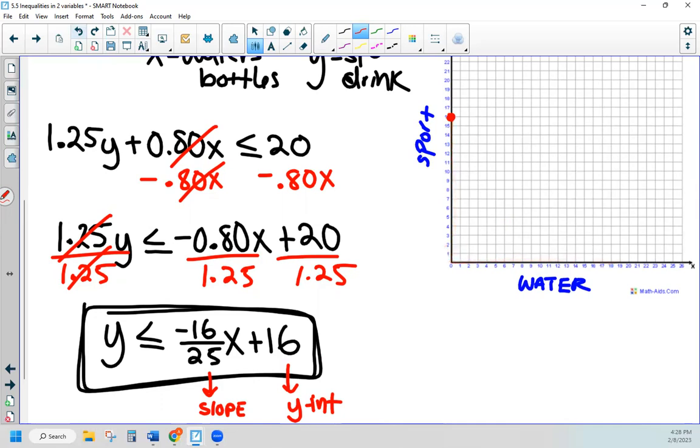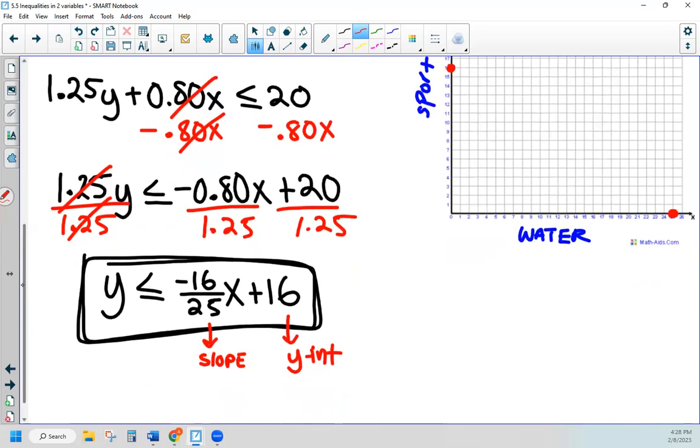Let me see. 13, 14, 15, 16, 17, 18, 19, 20, 21, 22, 23, 24. Okay, I was right. So I got my y-intercept, I got my slope, and my next point was actually my x-intercept. So I went from my y-intercept to my x-intercept.